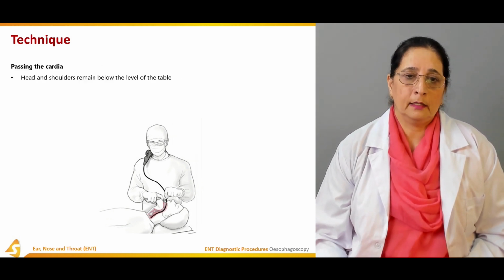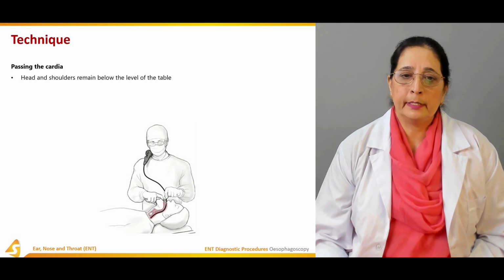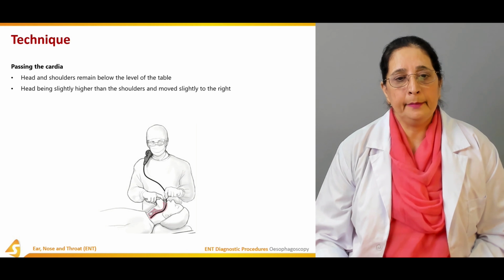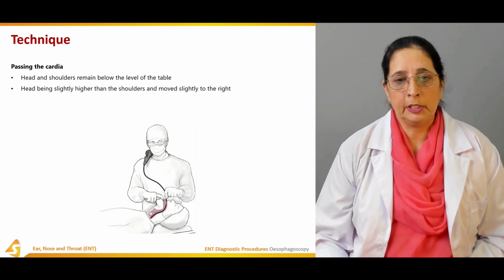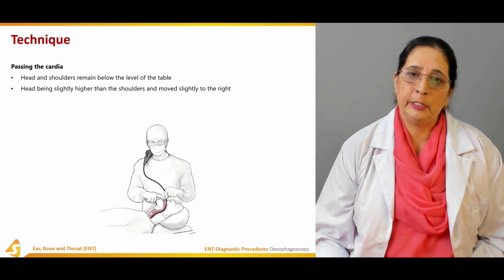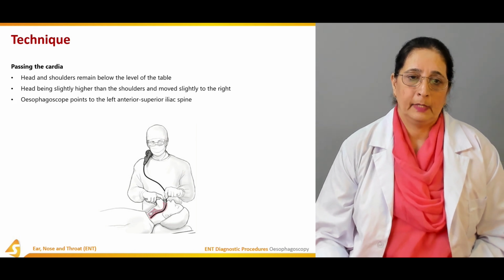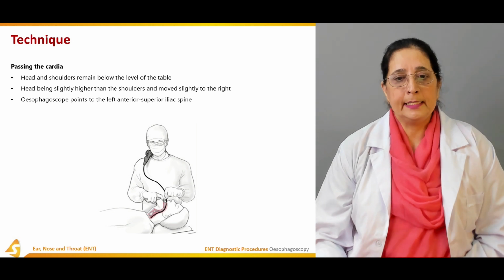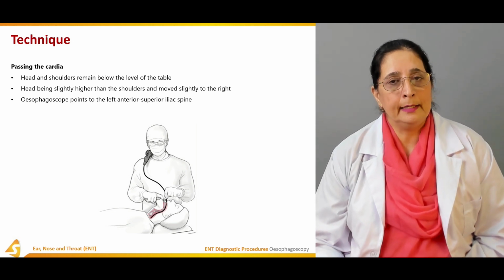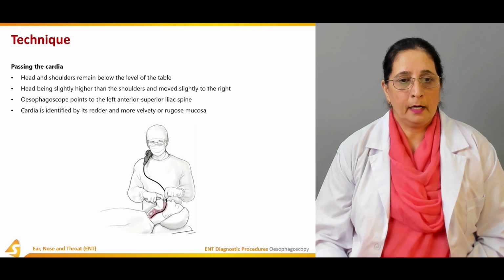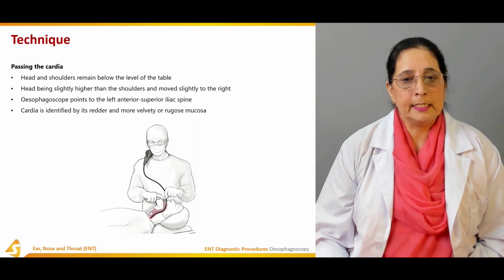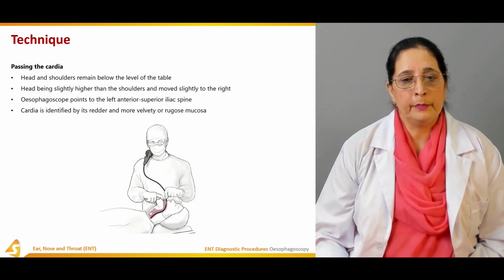Passing the cardia, head and shoulders remain below the level of the table, head slightly higher than the shoulders and moved slightly to the right. The esophagoscope points to the left anterior superior iliac spine. The cardia is identified by its redder and more velvety or rugose mucosa.